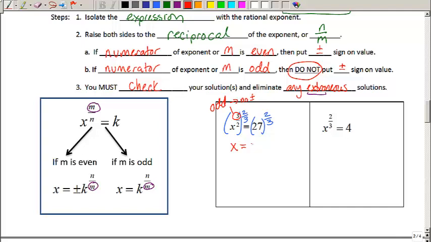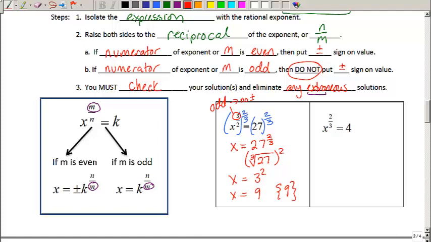Therefore, the answer is just going to be 27 to the 2/3, but I have to reduce that, which is the cube root of 27 squared. The cube root of 27 is 3, and 3 squared is 9. So my solution is 9, although I have to check my work.